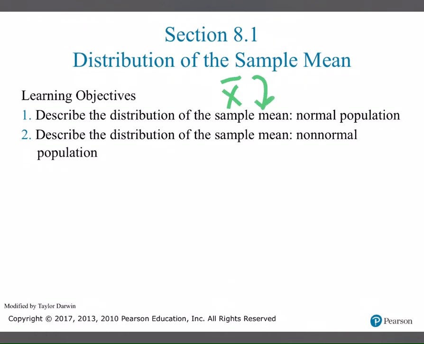Distribution is just the shape. Whenever you see the word distribution, just think shape. And we're going to use x bar to approximate mu. So we're going to use the sample to approximate the mean.